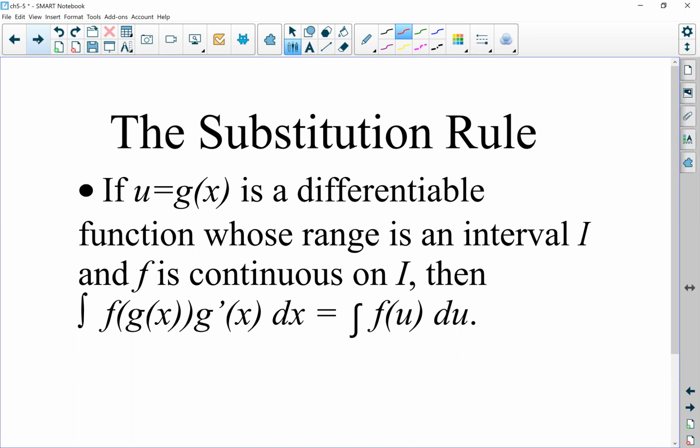So a statement of the substitution rule: if u is equal to some function g of x, and g of x is a differentiable function over some interval I, and if the function f is continuous on that same interval I, then the integral of the composition f of g of x times g prime of x dx is equal to the integral of f of u du.